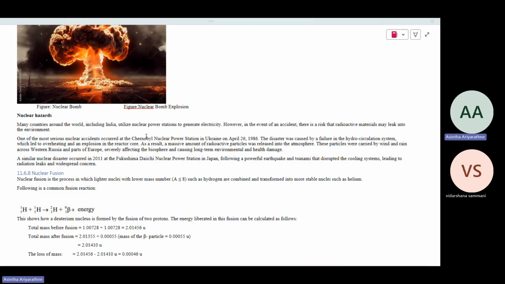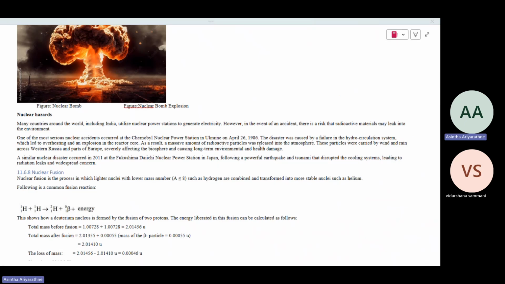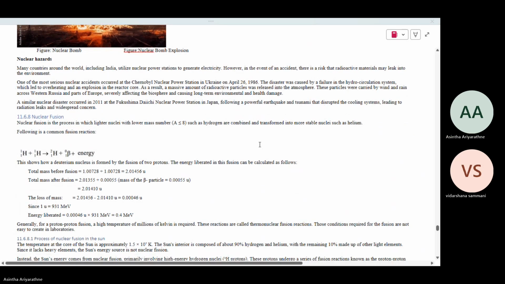Right? In Chernobyl, a station in Ukraine in 1986, there was a failure in that plant. Due to that failure, some amount of radioactive element was leaked, and it was found in Germany actually. The leakage spread from Ukraine to Germany.